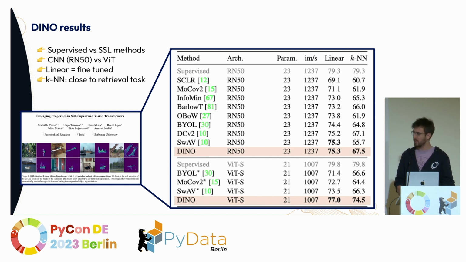Linear simply consists of adding a classifying layer on top of the feature extractor and fine-tuning it. And KNN is a bit more challenging. It directly performs a classification task in the embedding space out of the feature extractor, so in the image representation space. But it's much closer to the image retrieval task, which is interesting for us to build our visual search engines.